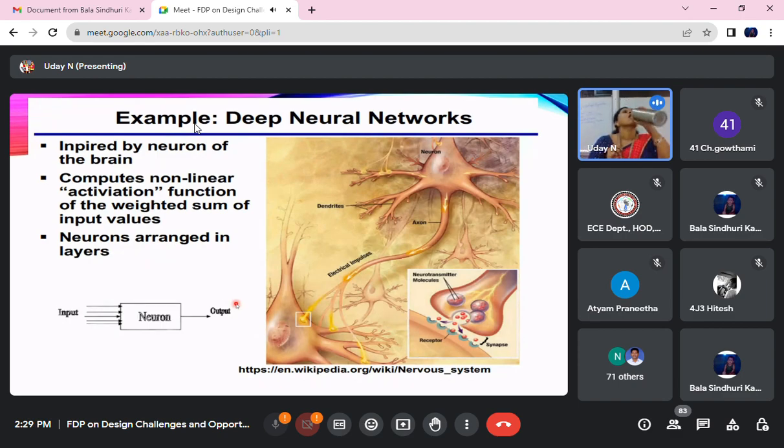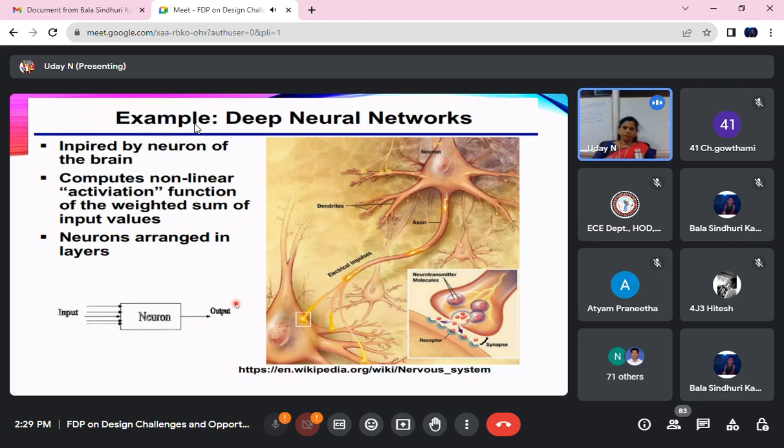And all these neurons are arranged in the form of layers: a number of inputs, followed by a number of processing layers, followed by a number of output layers. Inspired by the biological arrangement of neurons in the human brain, researchers have developed the artificial neural network.